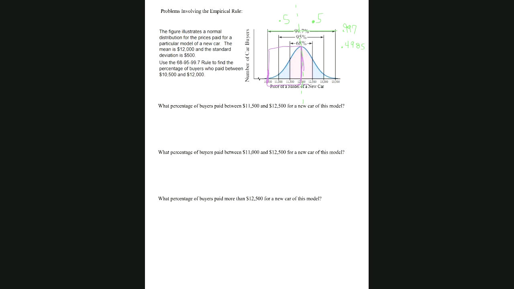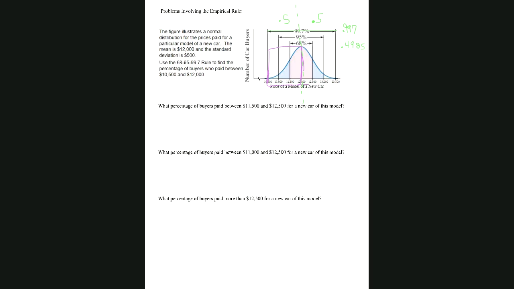And actually, now that I think about it, while this is true, this is 0.5 and this is 0.5, I don't really need that information. Since this was from the mean over to 3 standard deviations, all I needed to do was take this 99.7 and divide by 2. This 0.5 and 0.5 is true, and we may use that later.